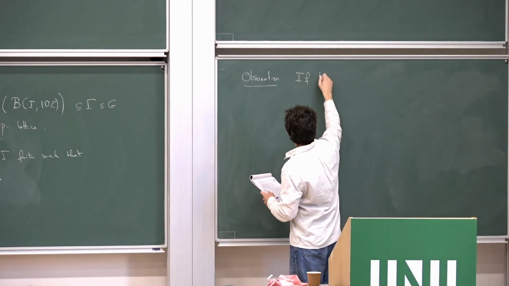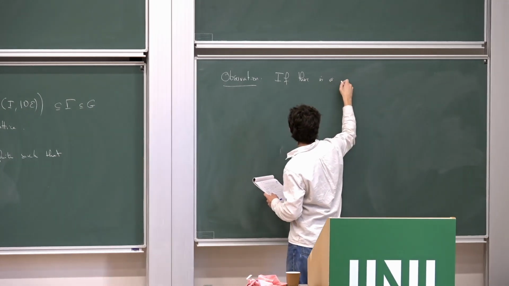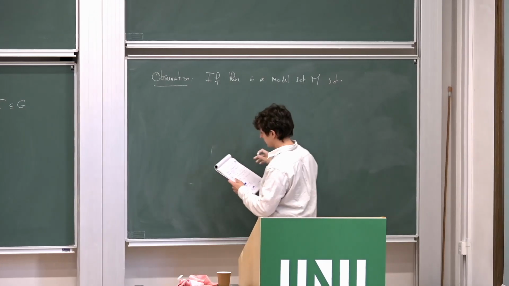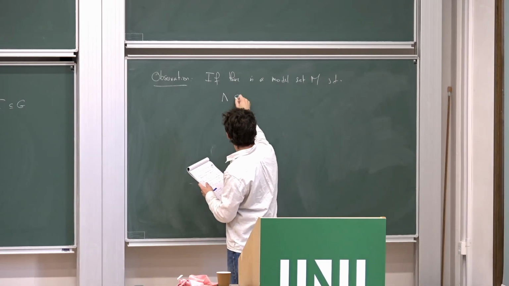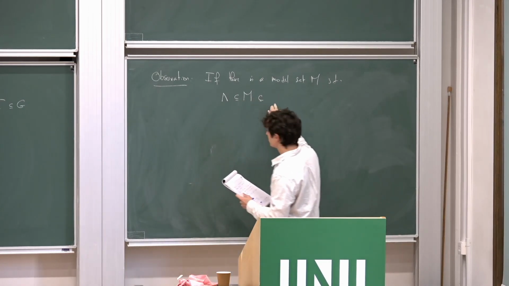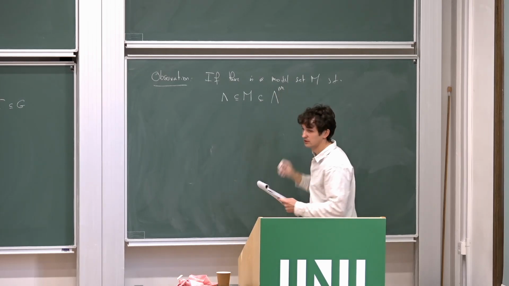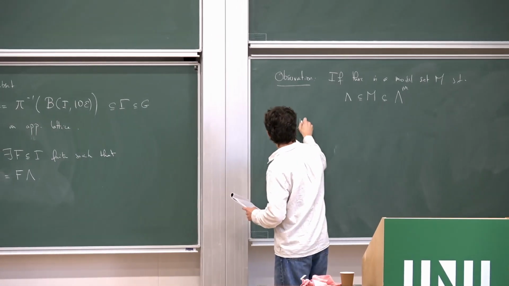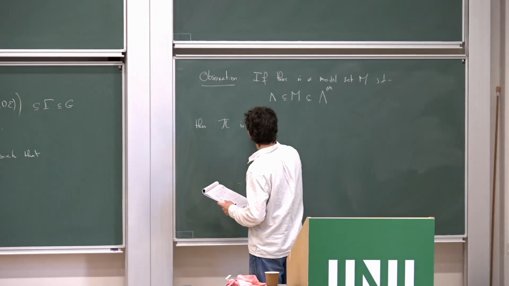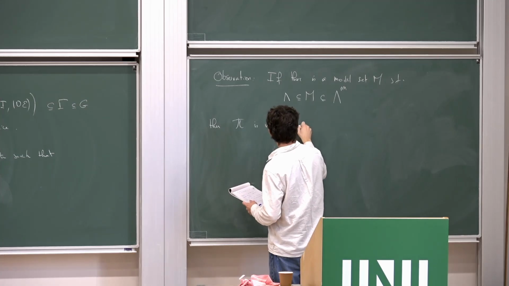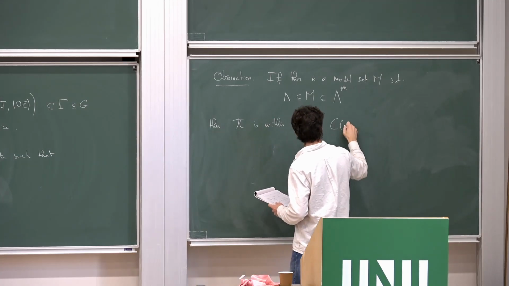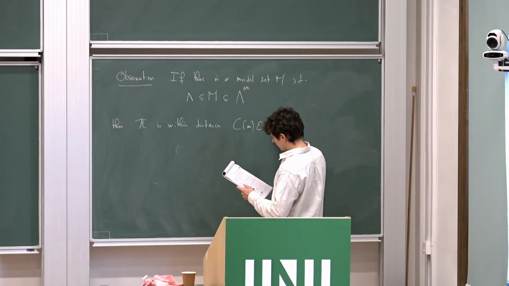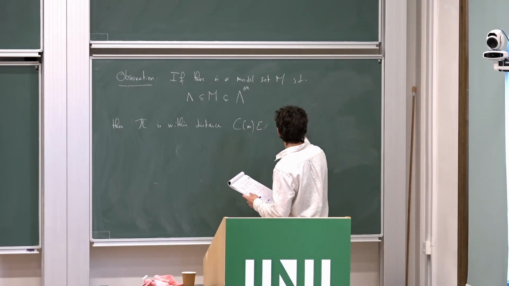If there is a model set M such that lambda contains M, and M is itself contained in lambda to the m, or some small n, then alpha is within distance c, a constant that depends only on M, times epsilon, of a representation.